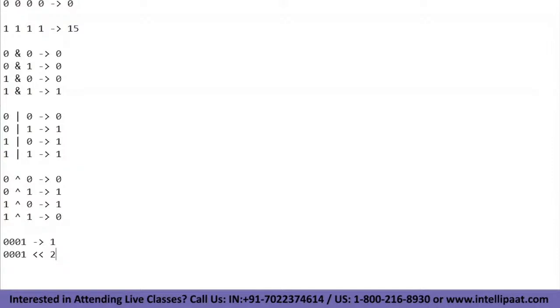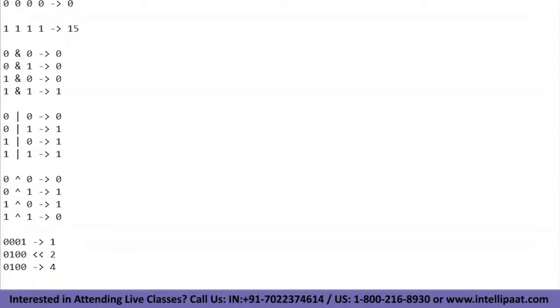It will shift all of these zeros and pad the right part with 0. Basically move it to the left-hand side by the number of positions that I have. Since I've given 2, it will do it twice. As you can see, the 1 was at the 0th position, then it was shifted 2 times. So now it's 1 and then 2 in the second position, and from 1 we have come to 4.